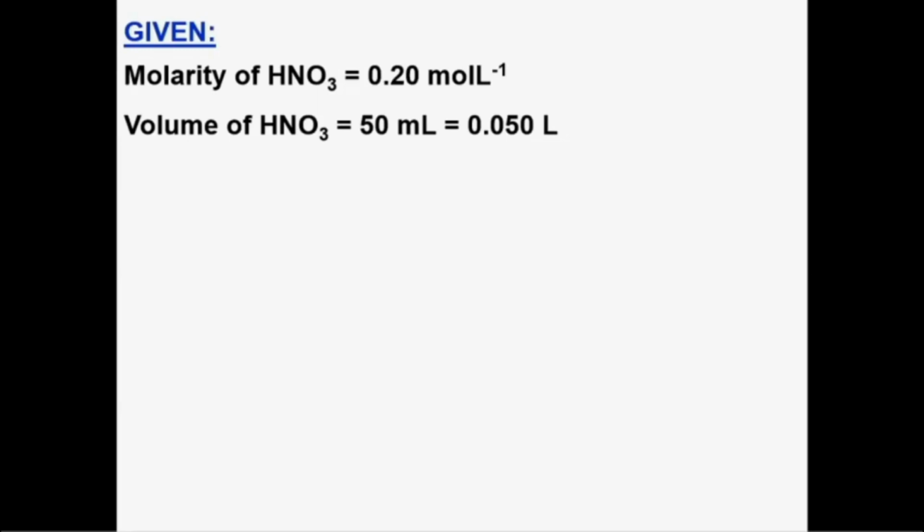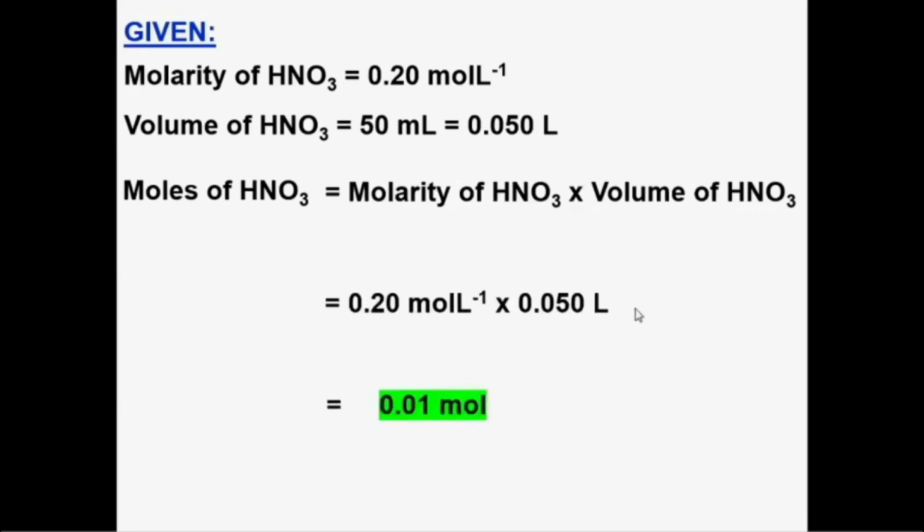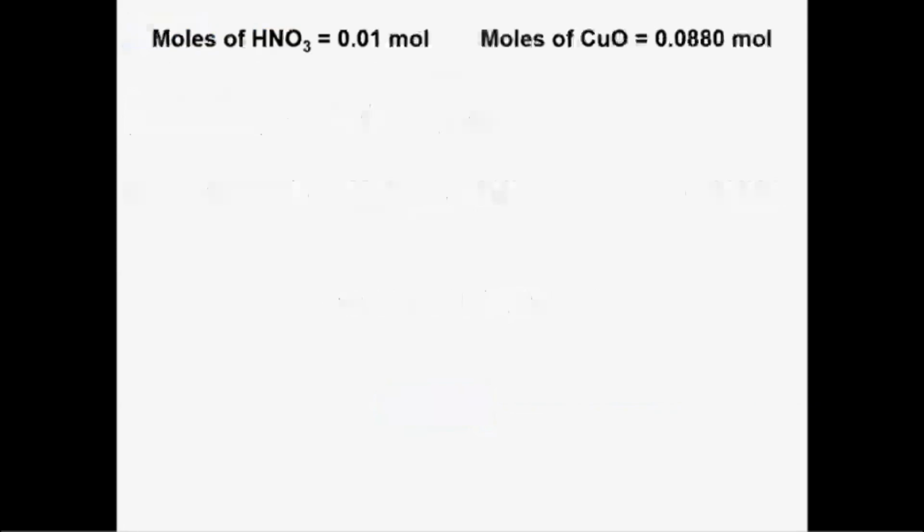Using the formula, moles of nitric acid equals molarity times volume, we get 0.2 mole per liter times 0.05 liters, which is 0.01 mole of nitric acid used in the reaction.